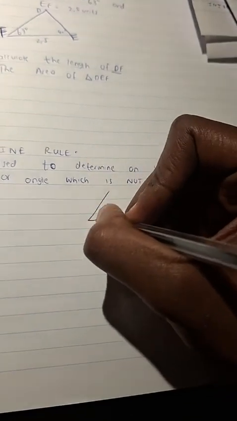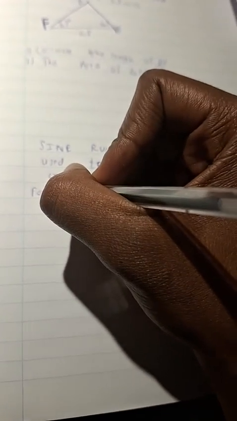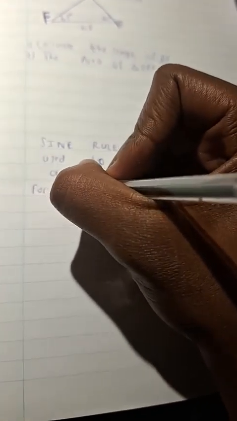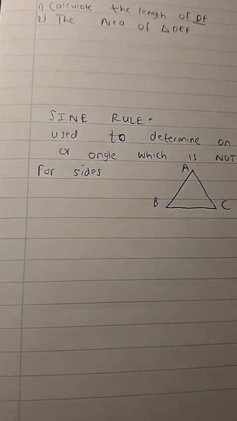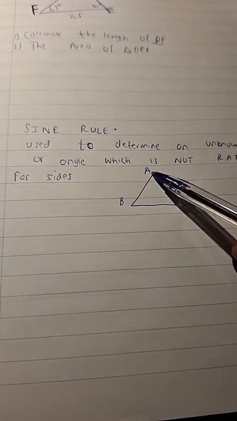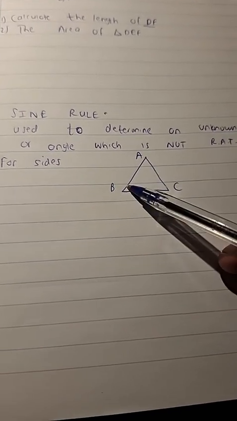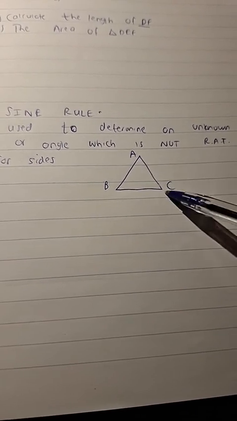I'm going to write down first what the rule is. So if I'm given triangle A, B, C, you need to understand the following. For sides that you want to find out or that you want to calculate, this is called side AB, side BC, and side AC.